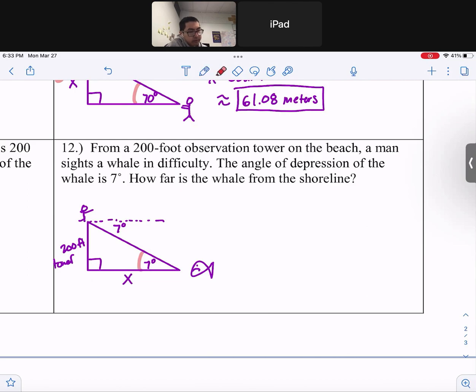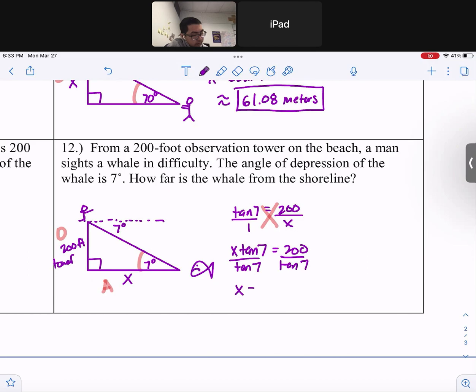From the perspective of this angle, this is opposite, adjacent. Tan of 7 equals opposite over adjacent. Cross multiply. X tan of 7 equals 200. Divide both sides by tan 7.